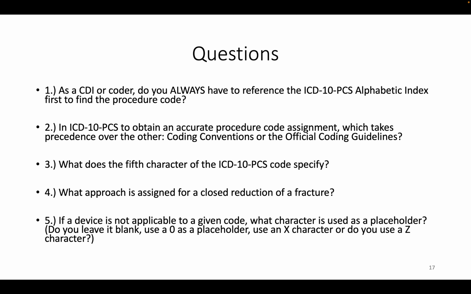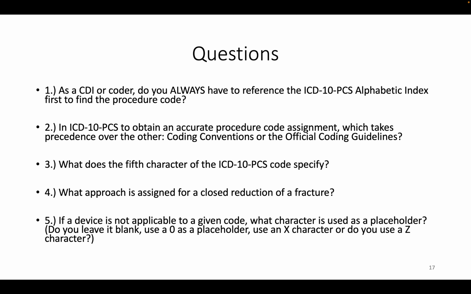Number 2, in ICD-10-PCS, to obtain an accurate procedure code assignment, which takes precedence over the other? Is it the coding conventions or the official coding guidelines? The instructions and conventions in the code set take precedence over the guidelines.